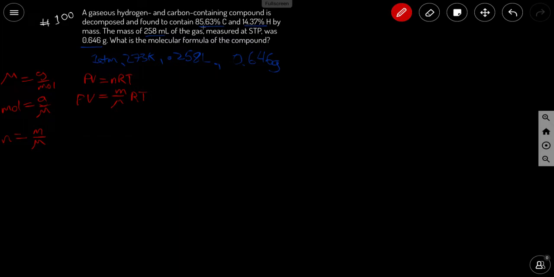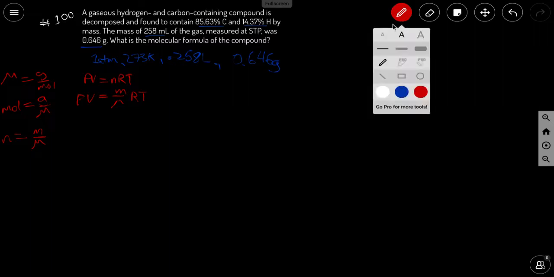And we're going to need to turn carbon and hydrogen into moles. It gives us a percentage, but we're able to turn it into moles regardless. Because when a problem gives you a percentage, and it's out of 100, you can turn this into grams.